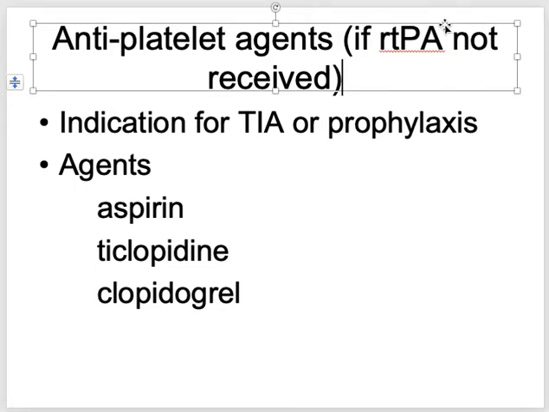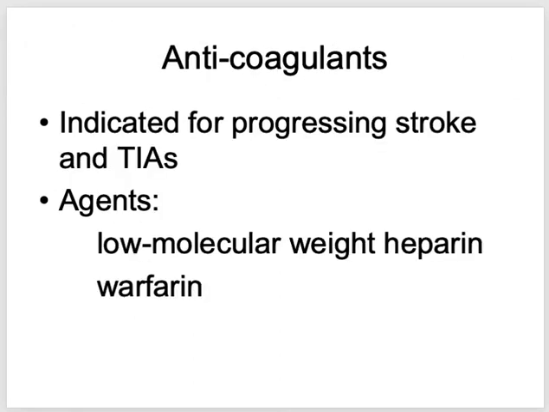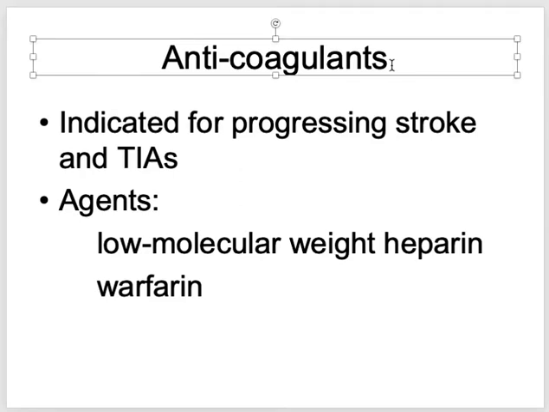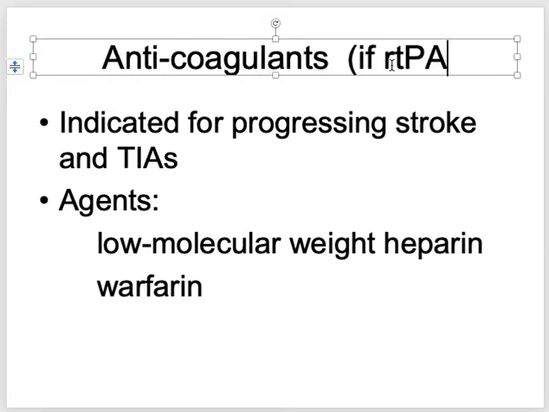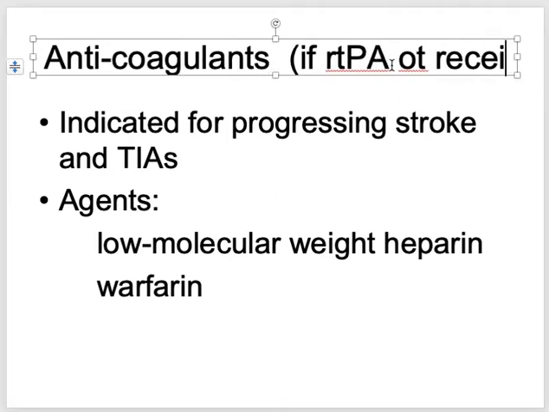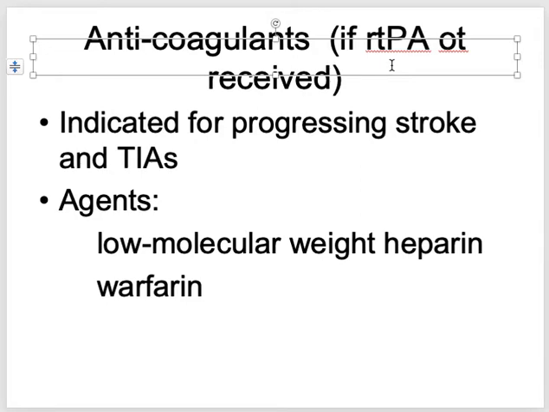We can also give them anticoagulants, because we don't want more and more thrombus to form. Anticoagulant therapy is mostly given to patients who have TIA or stroke and atrial fibrillation. Again, I will add the same point: if rtPA was not received, very important.